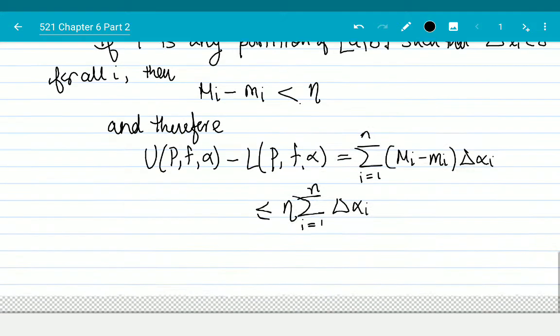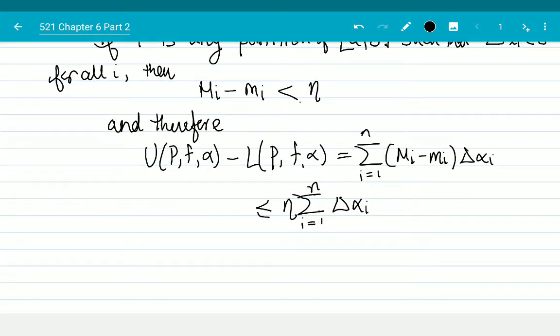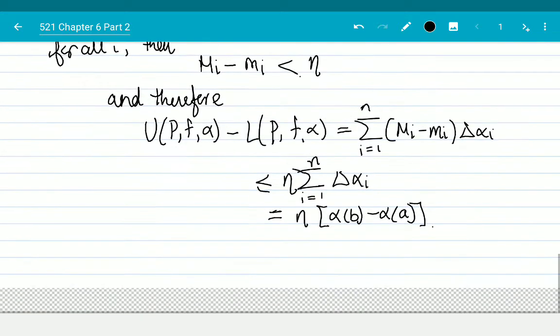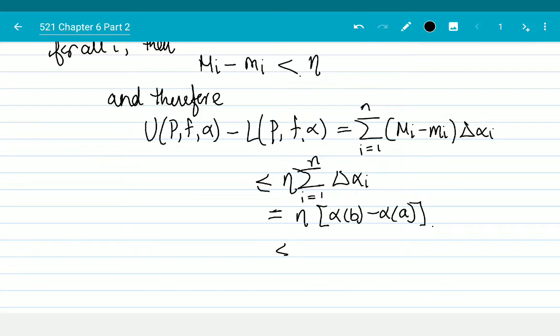And what is delta alpha i? If you sum up delta alpha i, that is exactly equal to eta times alpha of b minus alpha of a. And by the way I have chosen my eta, this is strictly smaller than epsilon.